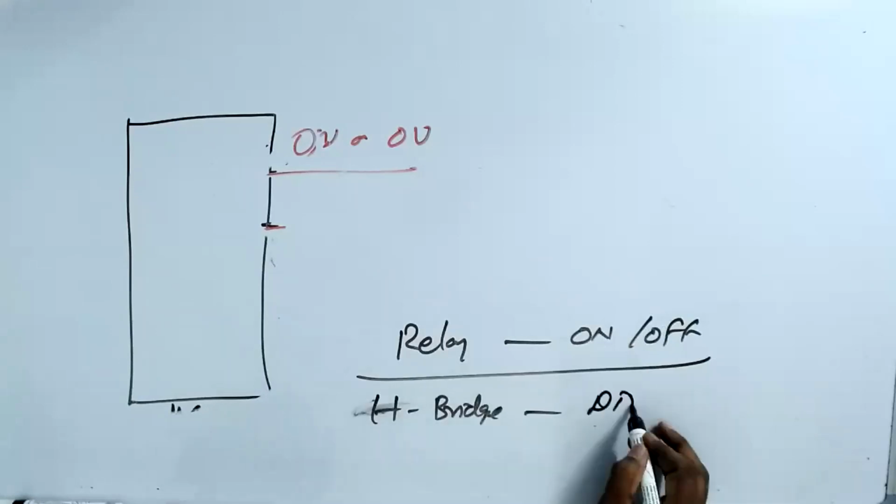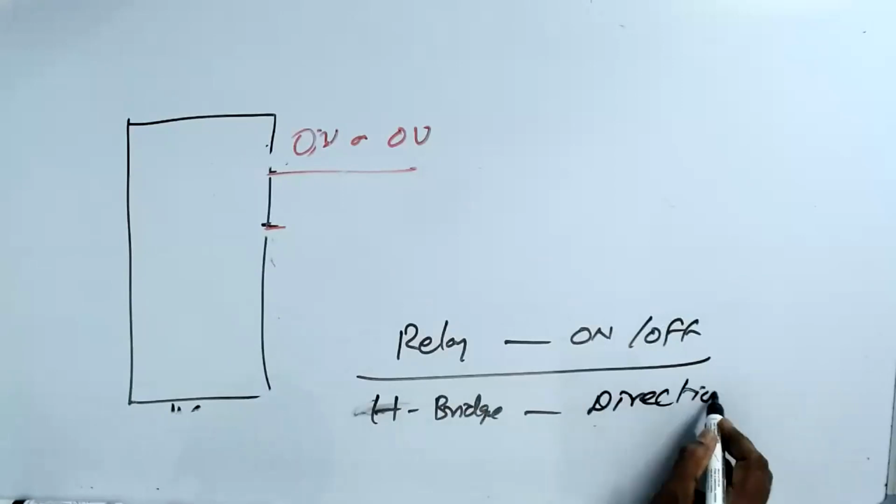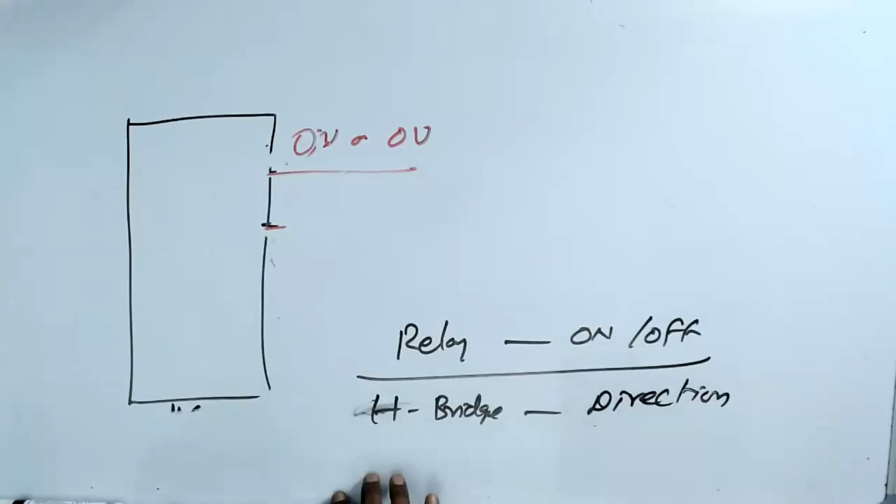Am I right? We change the direction. Now I want the third one, which is speed control. I want to control the speed. How do I control the speed?